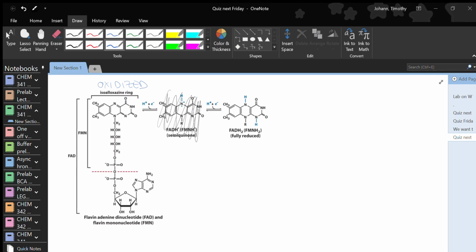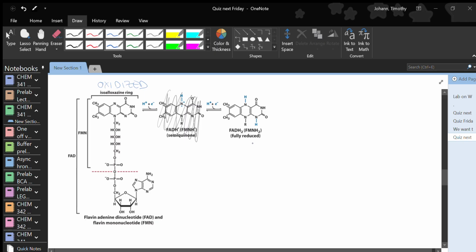Okay, and then if you wanted to convince yourself, what I like to do, I think I've done this for you guys before, I like to bring in H dots. Let's just look at this top ring. So this is our oxidized form.